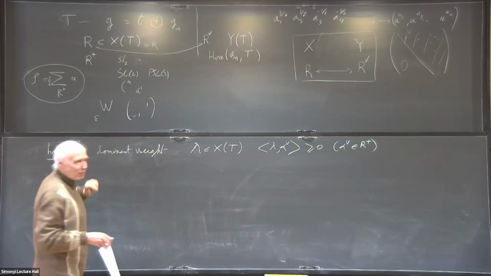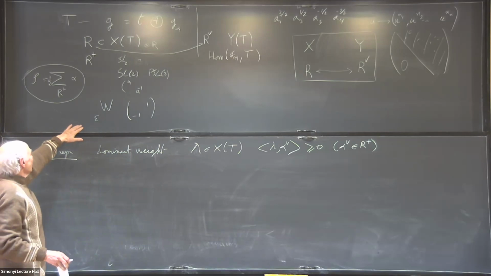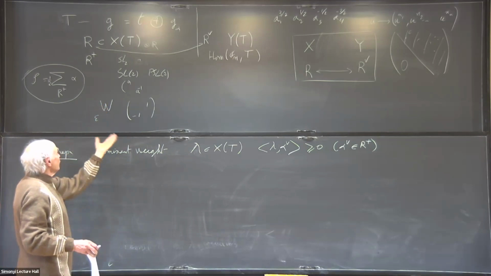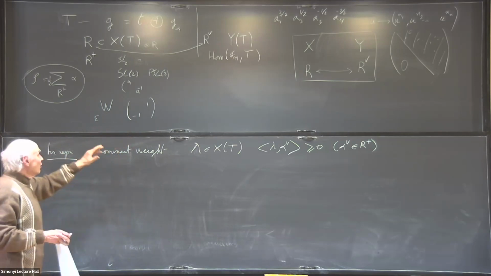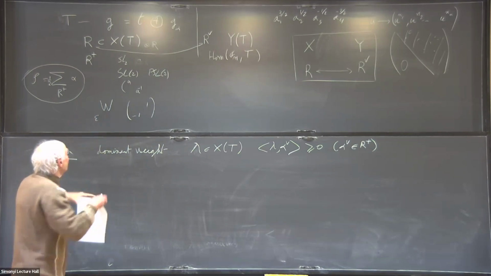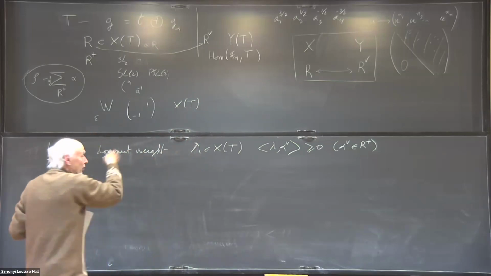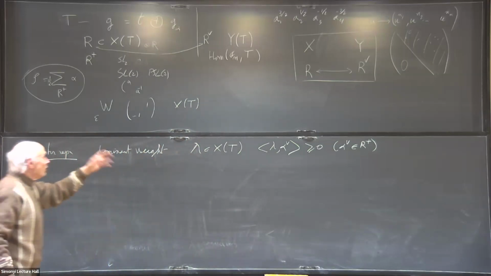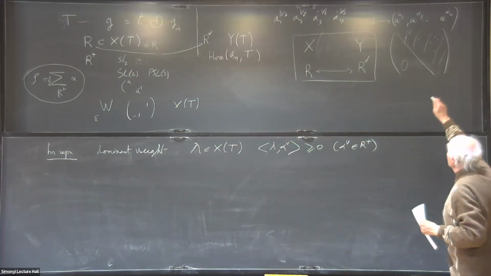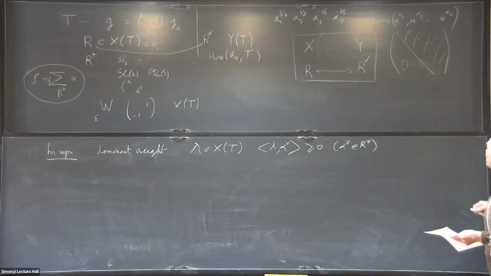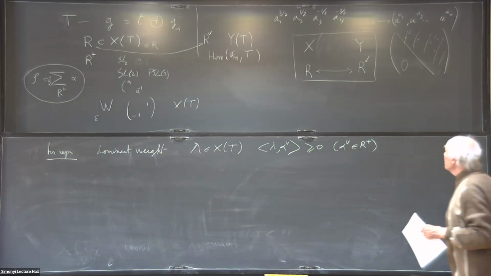For the SL2, it just transforms a inverse to a. And so one has W acting on X(T), and epsilon is the character of this. But in the case of GLn, the Weyl group is the symmetric group permuting the coordinates, and epsilon is the sign character of this group.